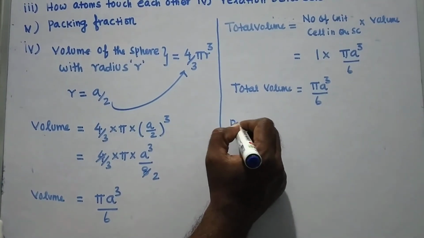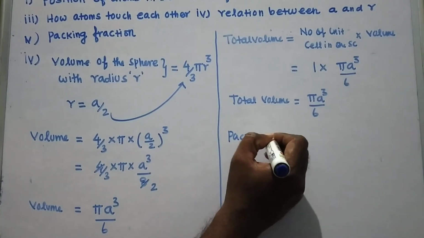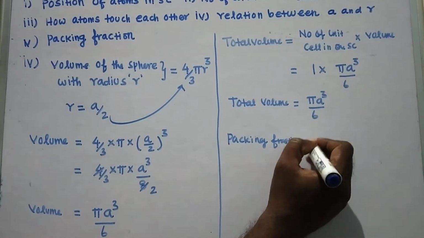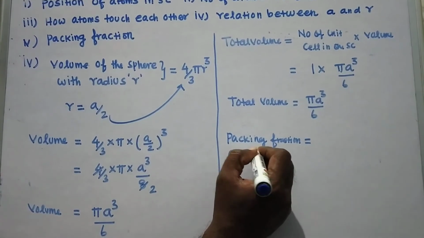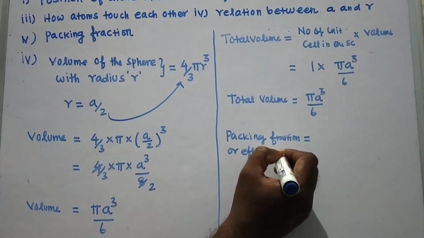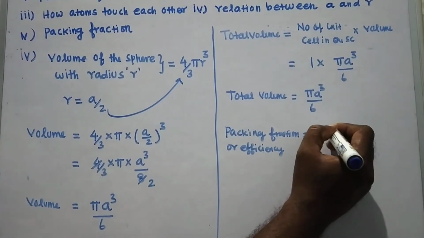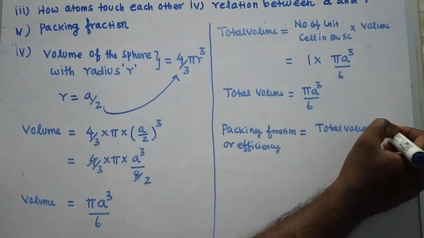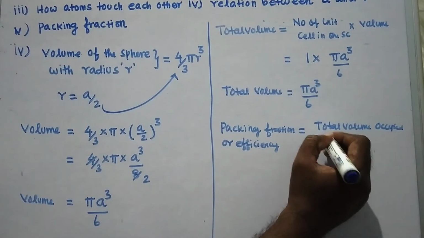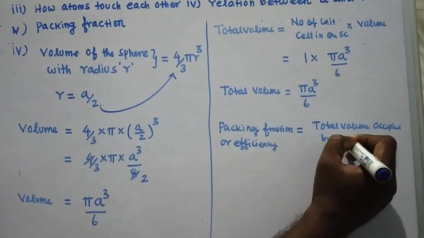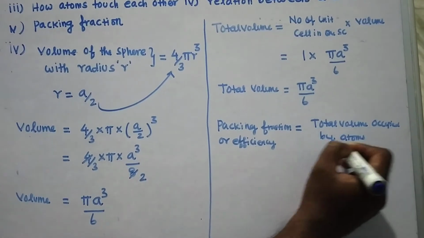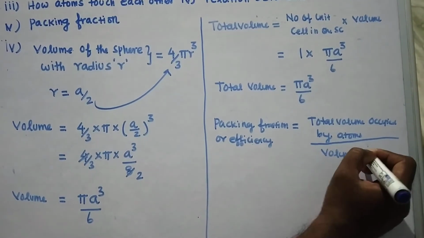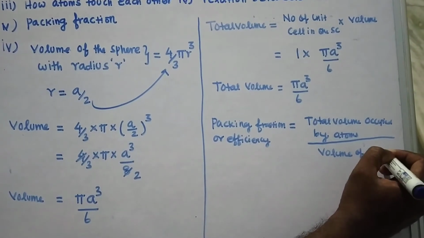Now we are going to find out the packing fraction or packing efficiency. Both are same. Efficiency is equal to total volume occupied by atoms divided by volume of cube.